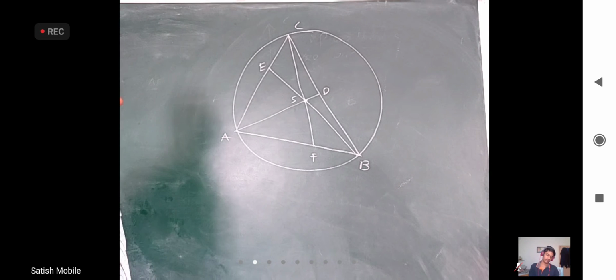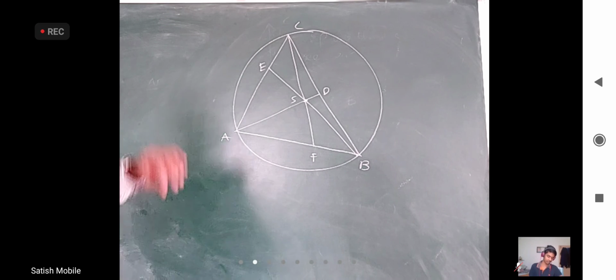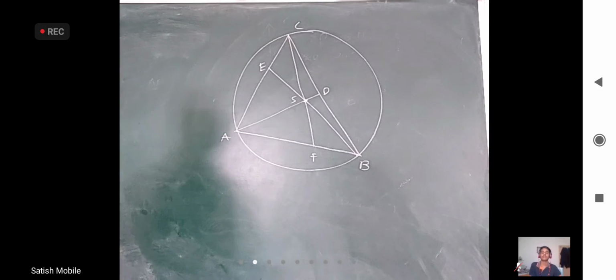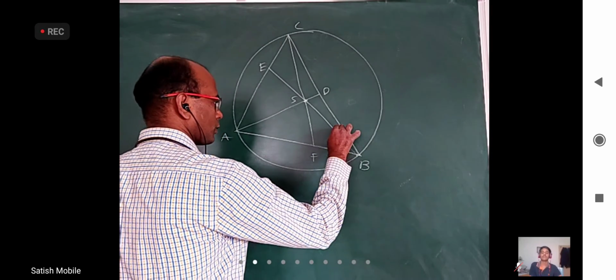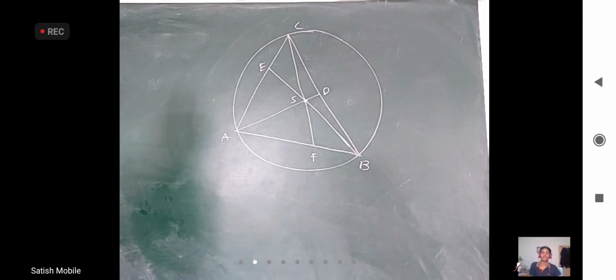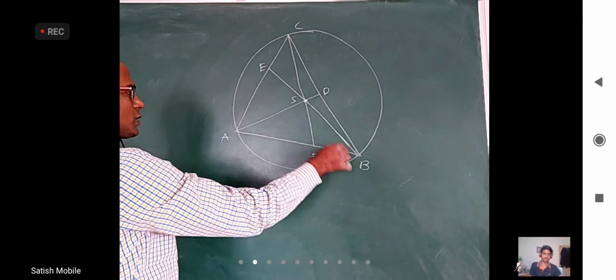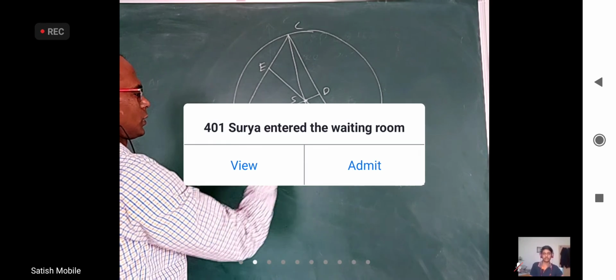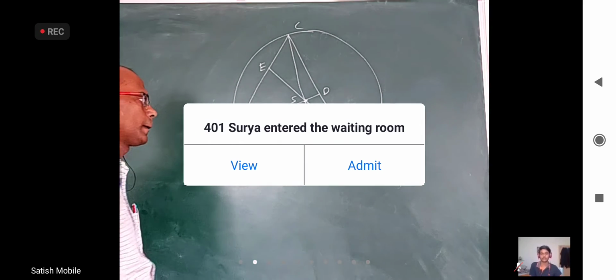Okay, anyone want to give some idea about AF is to FB? I know this is capital R, this is capital R, this is 2A, this total, but I don't know this separately, this separately.